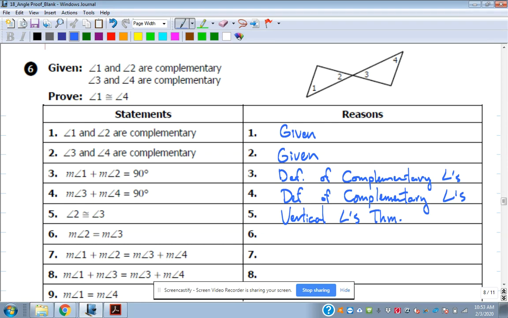Number 6, that'd just be a definition of congruence. And then 7. Look at those 2 lines. That'd be transitive property.